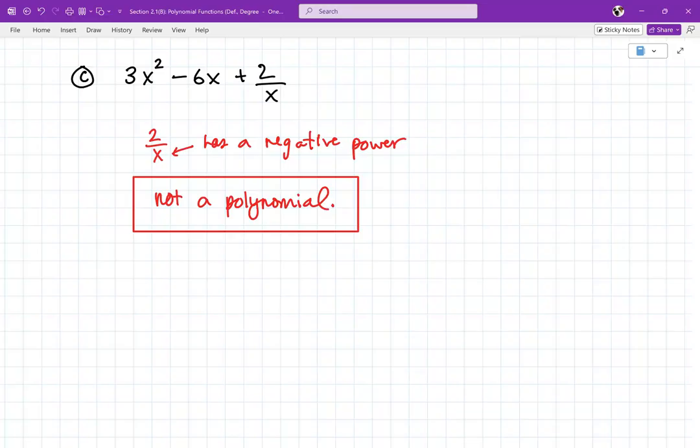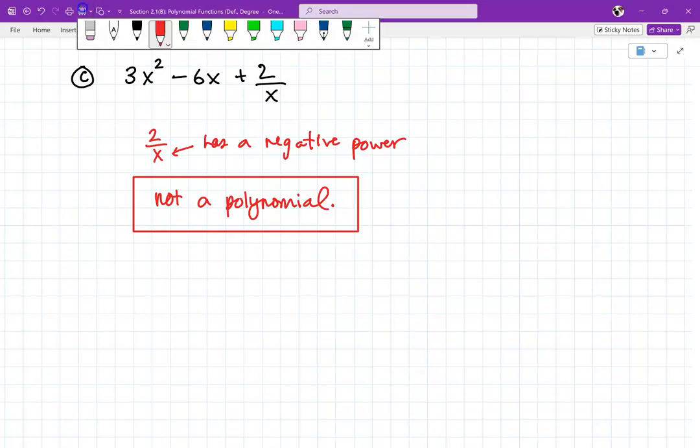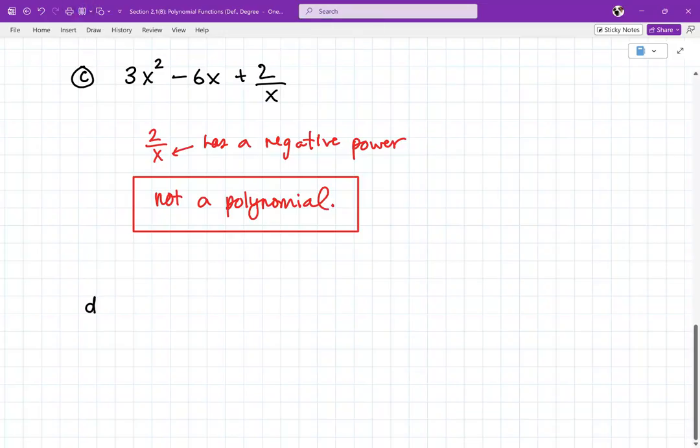Now, if they make you distribute, don't freak out if you see this, but you might see something like 3d plus 1, 6d minus 1. They might give you something like this. From here, you can't really tell because you have to distribute it and write it all out first.